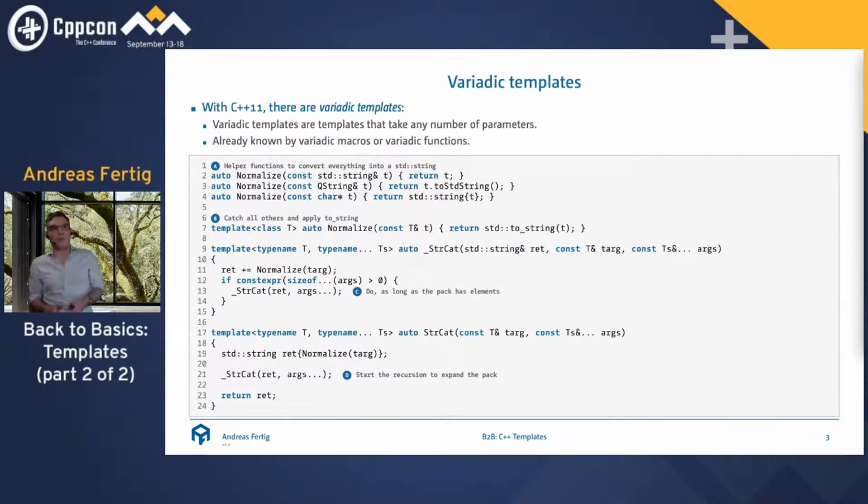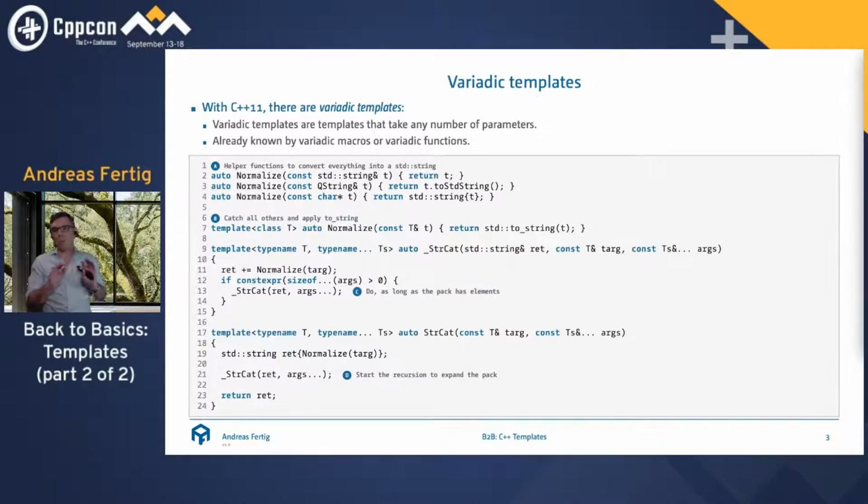With all those normalize functions equipped, we can now start using them. And the usage here is at the bottom, I have a function template called strcat. Its purpose is to concatenate multiple strings. If you're really looking for such a version, I highly recommend the version of Abseil.